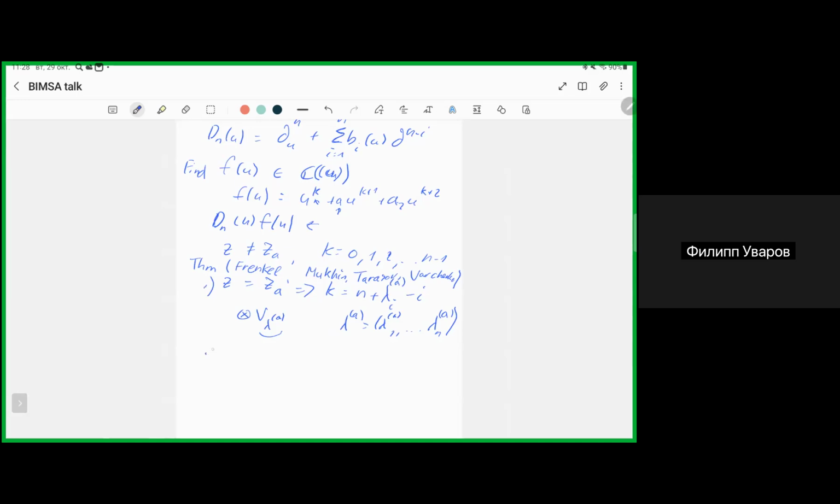So much more non-trivial is that if you have such k, you actually have a solution. So solutions f of u exist, like a series solution, for each such k.